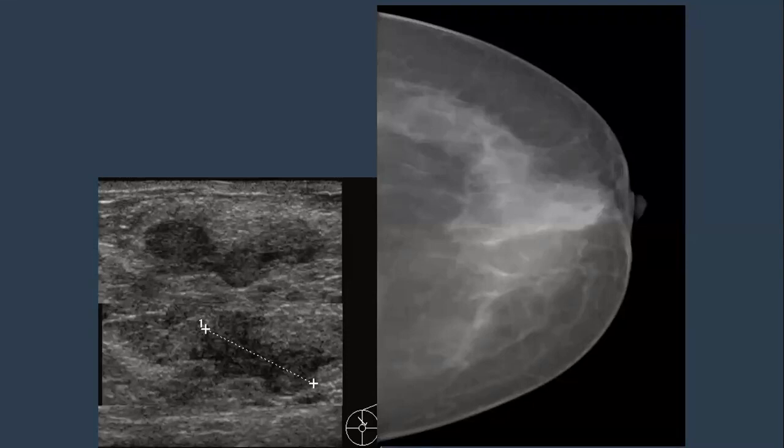Either papilloma or intraductal carcinoma. Okay. So why is it associated with distortion? Invasion. It started to invade. Could it be a papilloma?